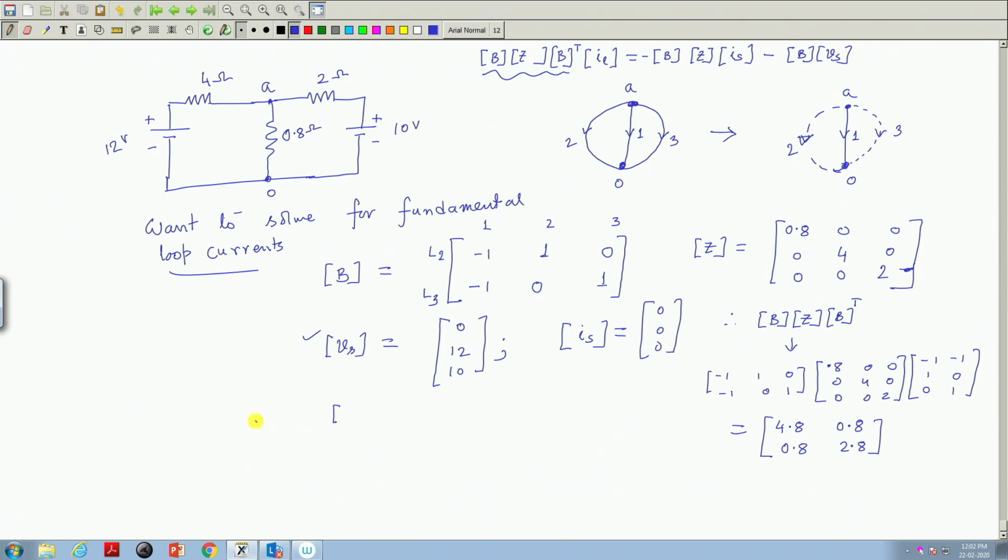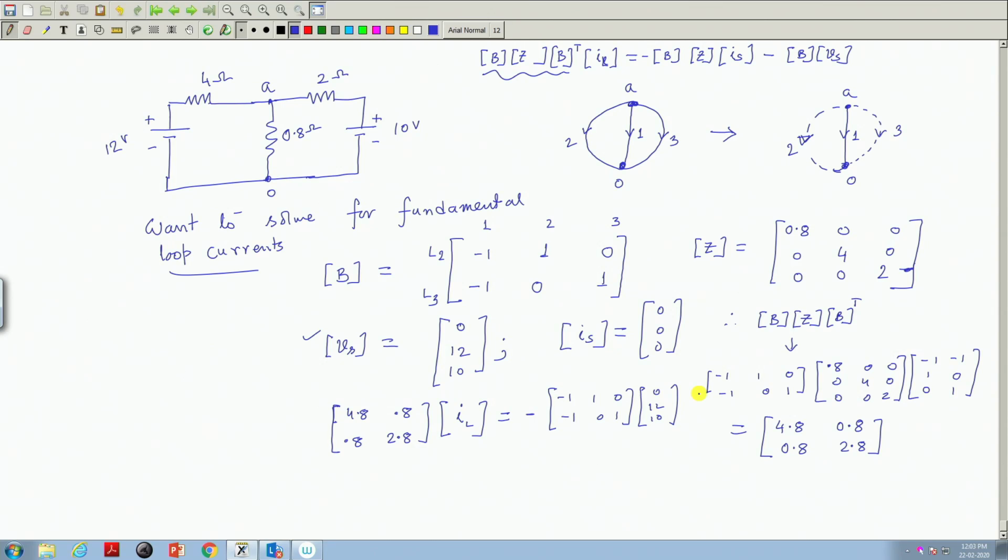So, it will be simply this matrix, that is, this equation I am coming to: 4.8, 2.8, 0.8, 0.8 into the loop currents, that will be equal to minus B into V S. So, B was this, so minus of B into V S will be minus 1 1 0, minus 1 0 1, into that V S, 0 12 10.